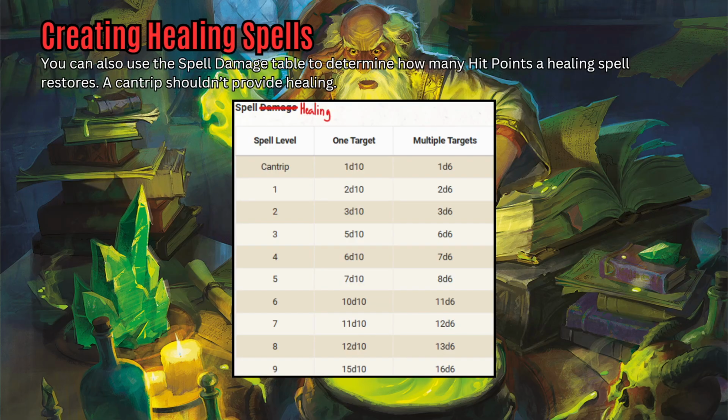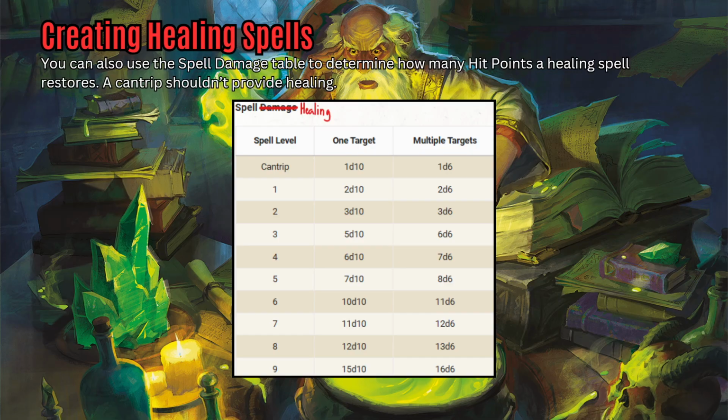The same goes for creating healing spells. You actually can use the exact same spell damage table to help determine how many hit points a healing spell restores. The general rule here, though, is that a cantrip shouldn't provide any healing, so it is considered unbalanced to create a cantrip that heals.